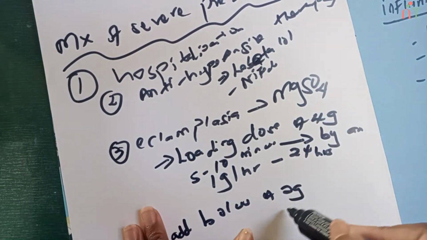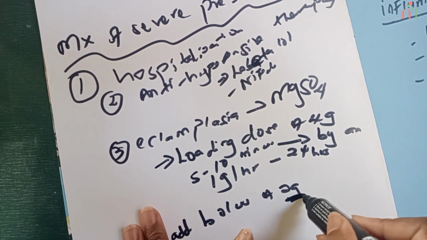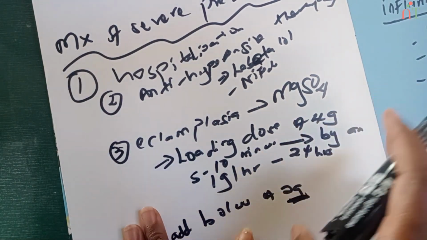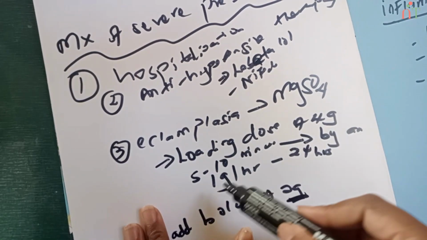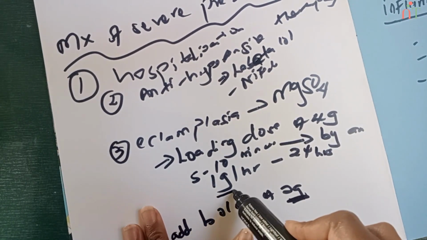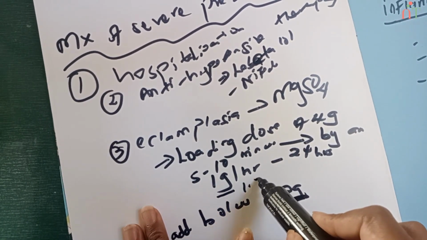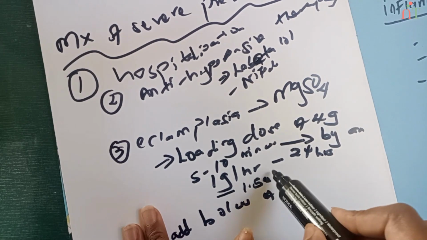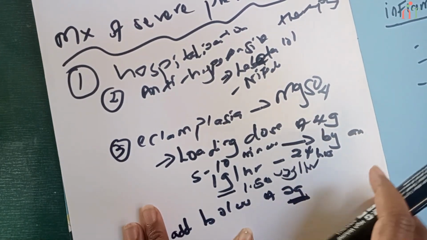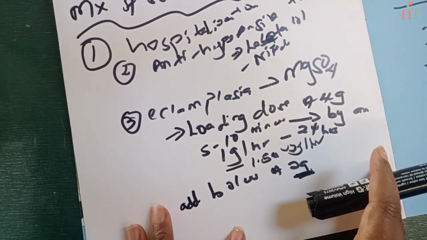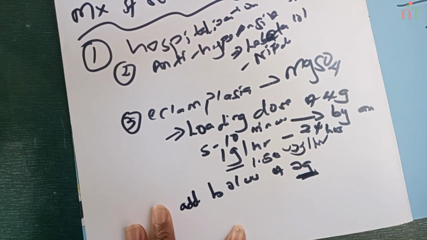See, here we were giving 1 gram, so you're going to increase that to 1.5 grams or 2 grams per hour, in case these seizures are recurrent.